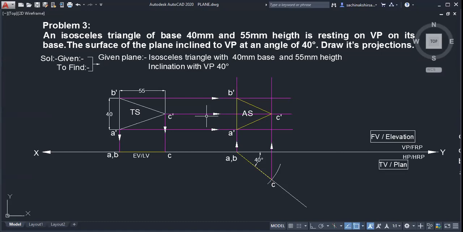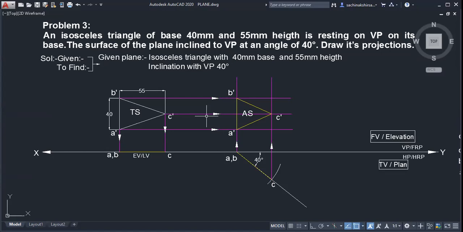If I tell what those three stages are: the first stage is true shape, the second stage is inclination with one of the reference planes, and the third step is inclination with the other reference plane. Means in a three-stage problem, inclination with two reference planes will always be given.